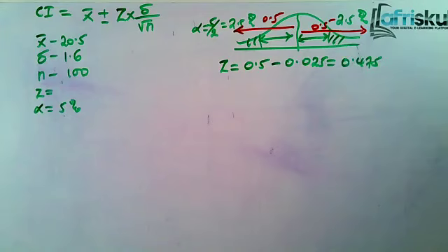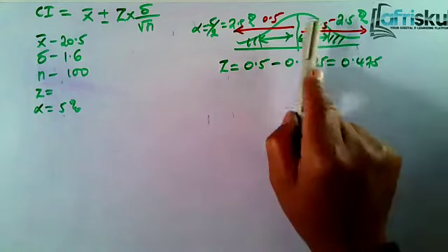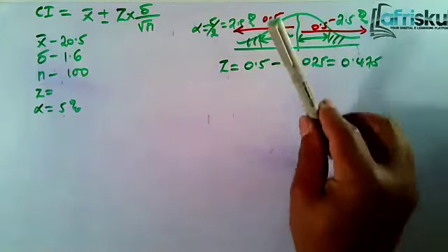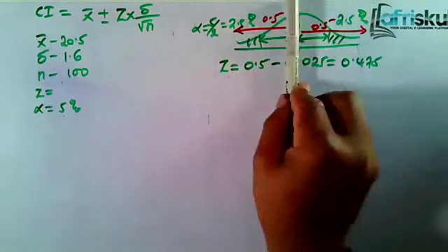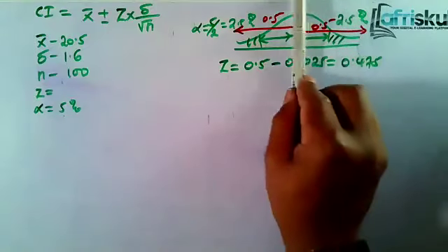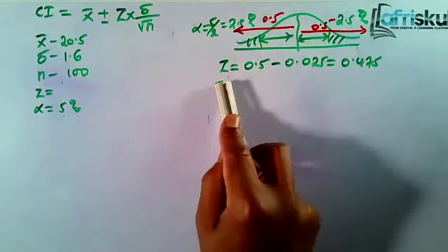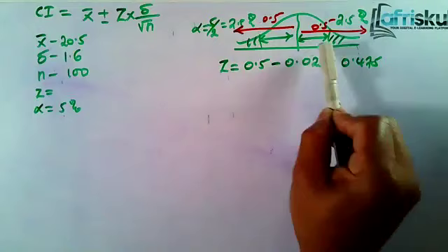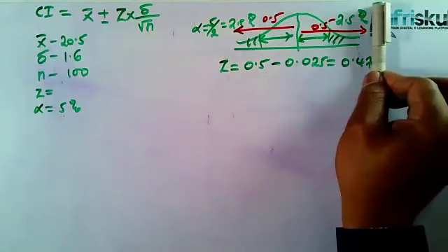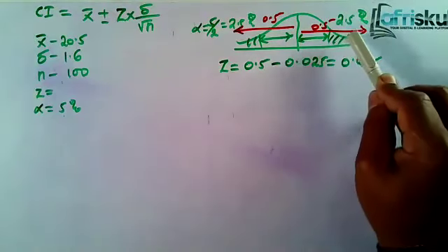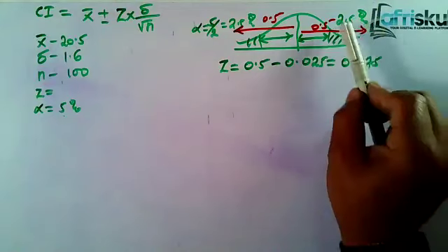Let me repeat. We are saying that in this case, your normal curve is always divided into two. That's one of the assumptions. We have 0.5 and 0.5. So to get the probability, you take 0.5, half, minus this 0.025.